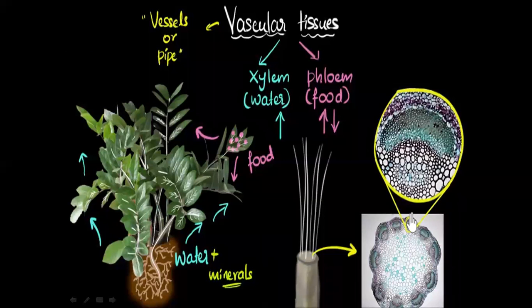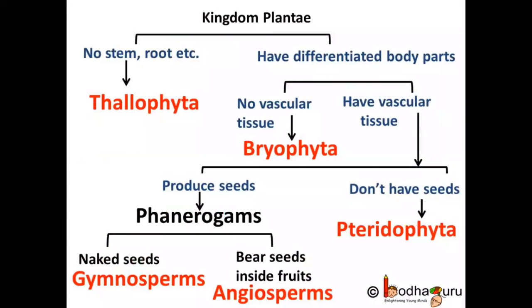Xylem is for the transport of water in the upward direction, and phloem is the vessel used for the transport of food, where transportation takes place in both directions. In case they do not have xylem or phloem, they are called bryophyta.